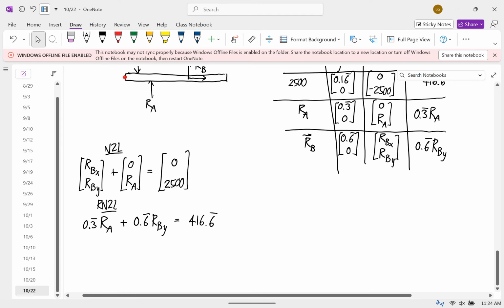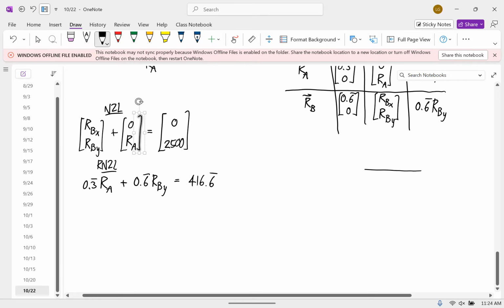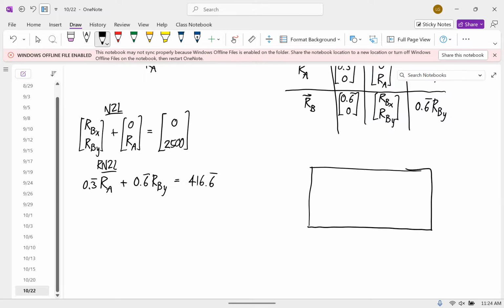I guess I'm going to write this out in an augmented matrix. We have 3 equations, 4 variables.